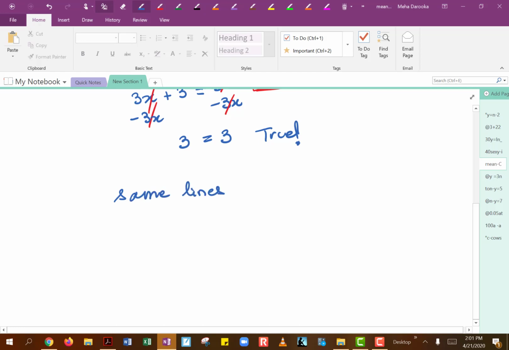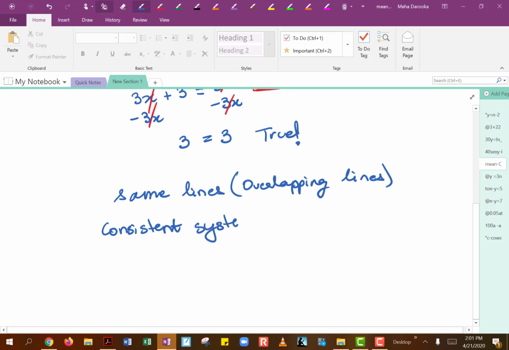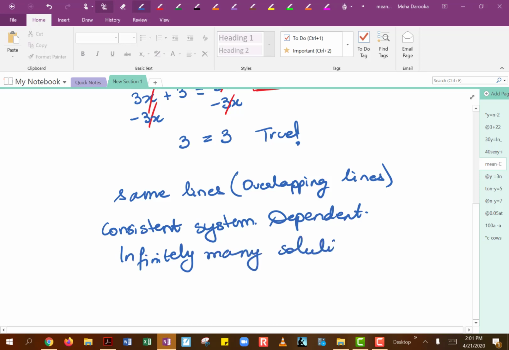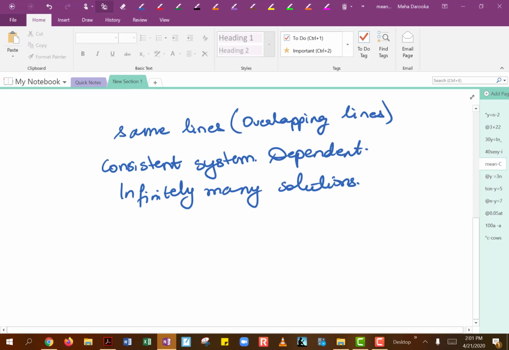And this means we have a consistent system. We have dependent equations, and that also means we have infinitely many solutions. So remember, when you're writing your solution set, we write it with the set builder notation.